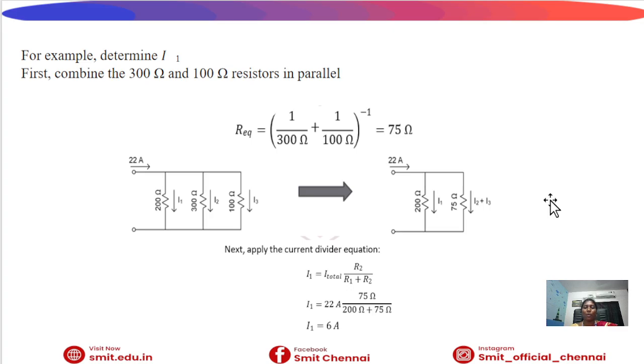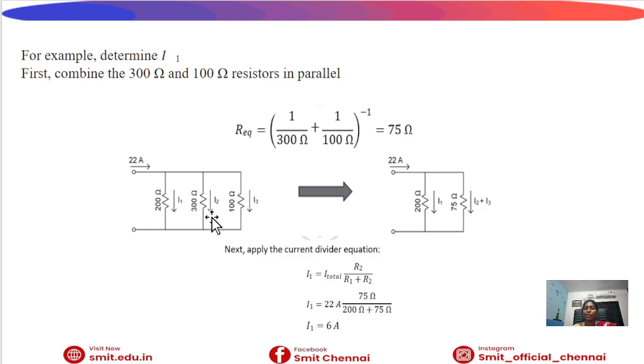Now the problem, first the equivalent resistance. We have 300 ohm and 100 ohm resistors connected in parallel in this circuit. So we simplify: 1/300 plus 1/100, that is R1 R2 divided by R1 plus R2.